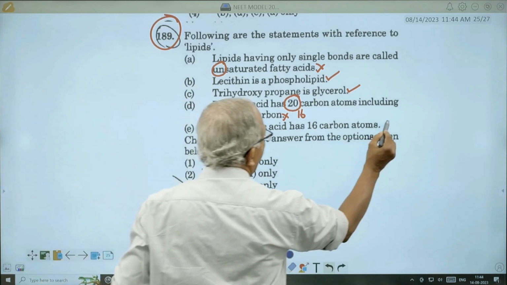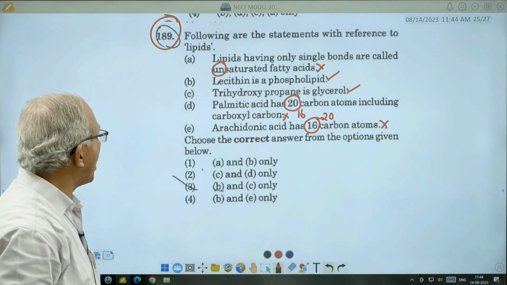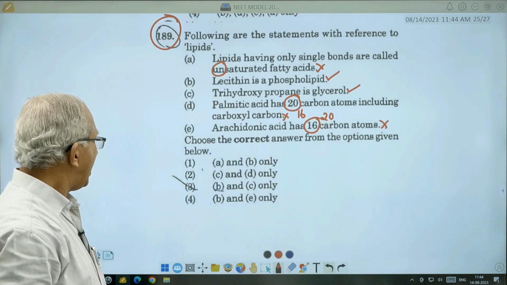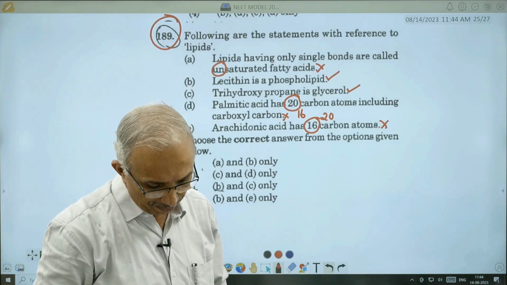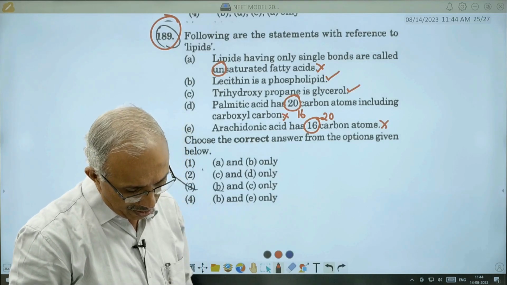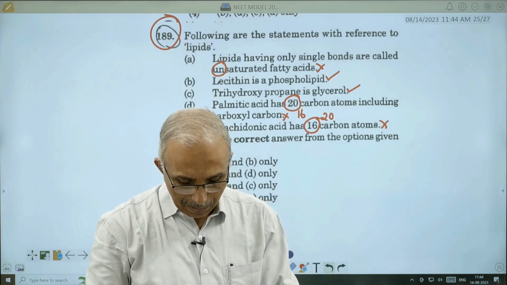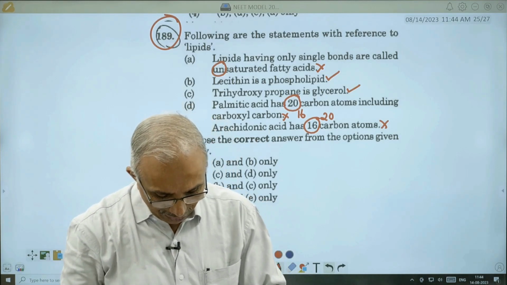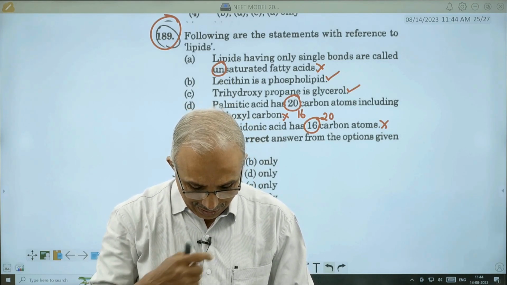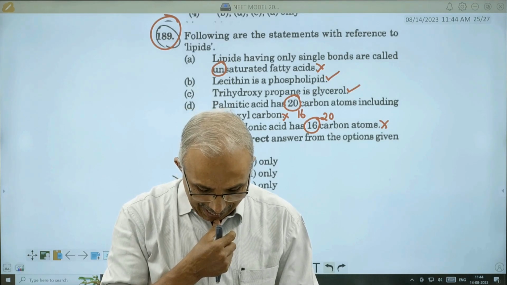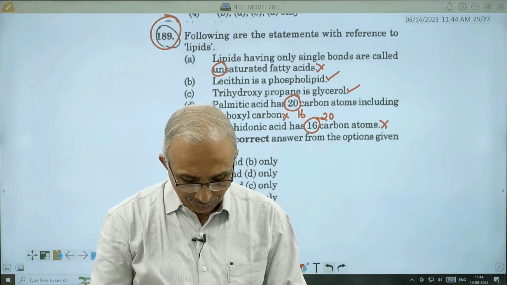This is also wrong. Arachidonic acid is a 20 carbon atom compound. Palmitic acid is 16.